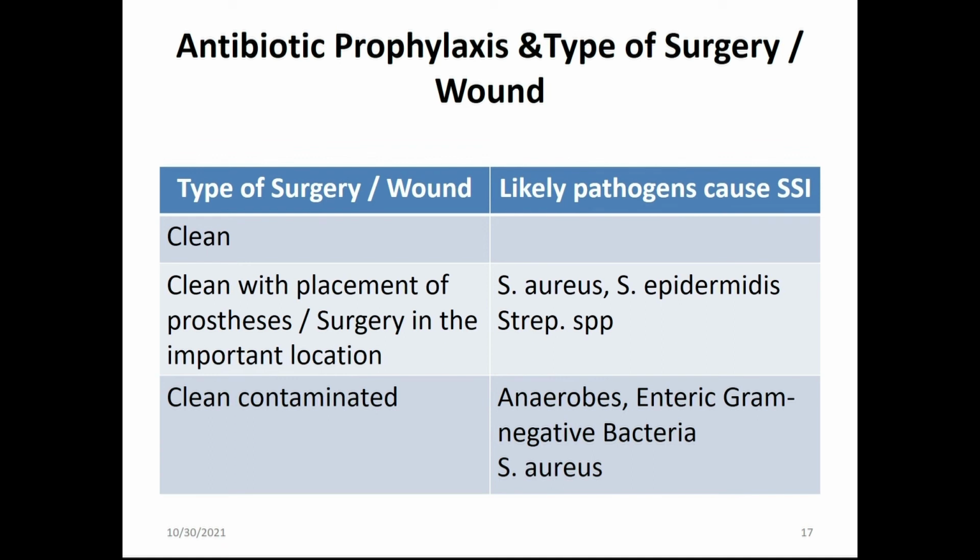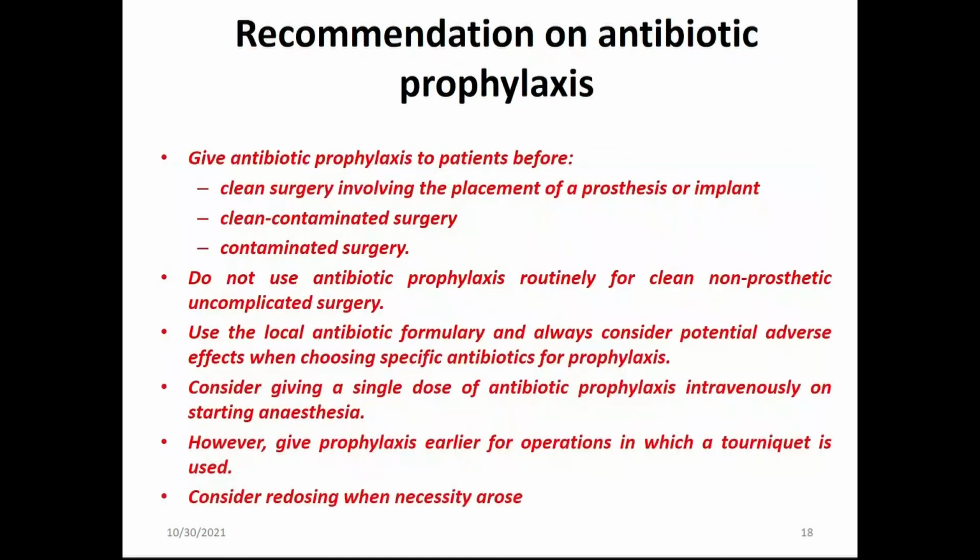Similarly, in clean contaminated surgery we have to think about a mixture of organisms, anaerobes, aerobes, gram-negative and positive. But for contaminated and dirty surgery, of course, we have to think about a therapeutic dose of antibiotics, not the prophylactic one.